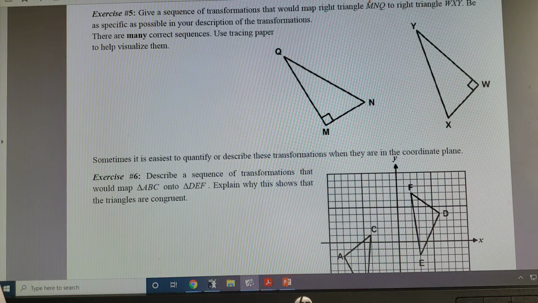So M was written first, and so is W, so that means that M is equal to W. And actually you can tell by looking at the diagram because they both have right angles. Then since N was written second and X was written second, that means that N is equal to X. So I'll do one arc. And then Q is equal to Y because they're both written third, so I'll do 2 arcs.